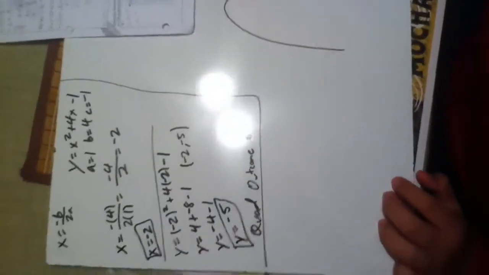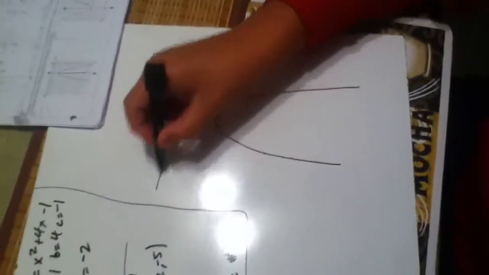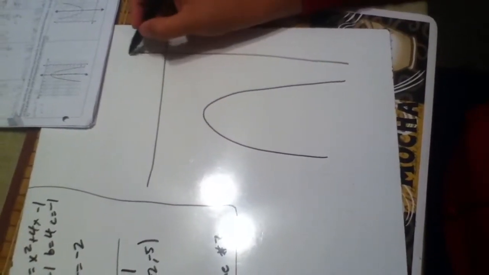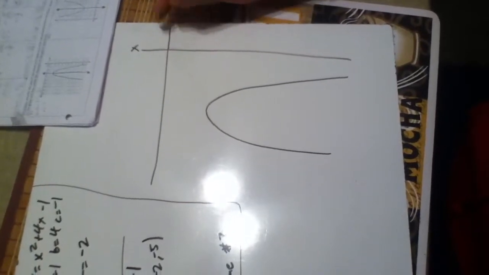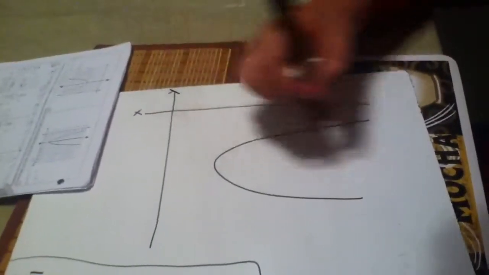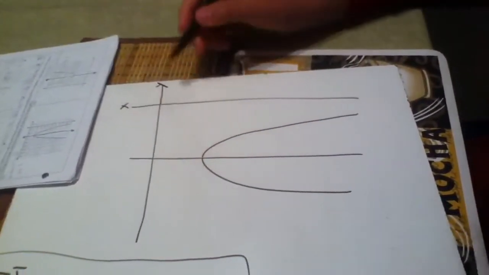And then for outcome 4, I can't really write it, but here we're trying to identify the vertex and x on the parabola. Here the parabola goes like this, and here's x and here's y. The line goes straight through here.